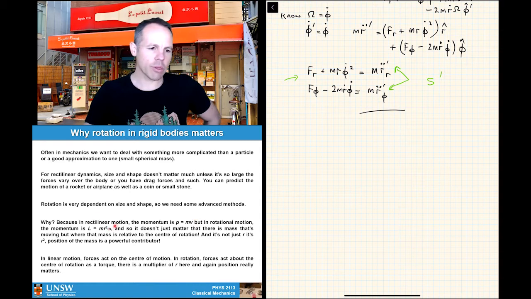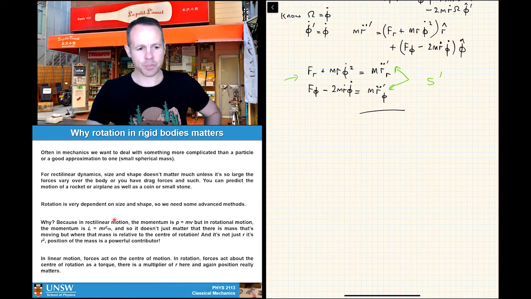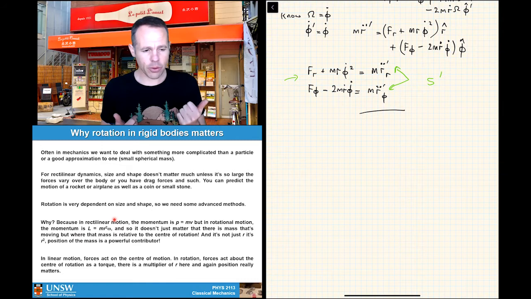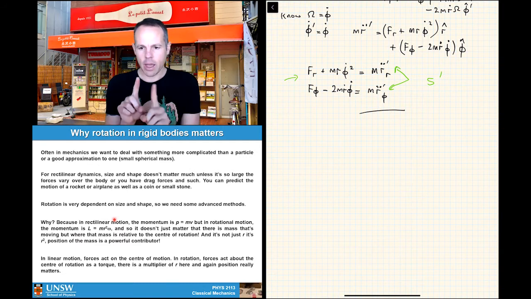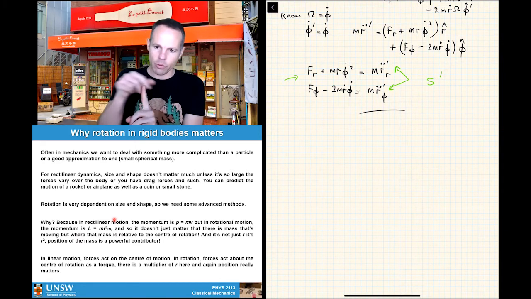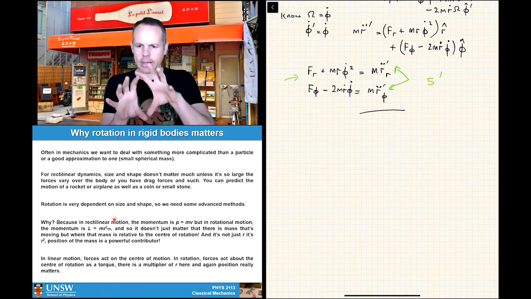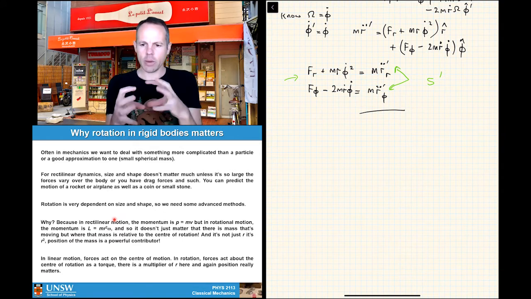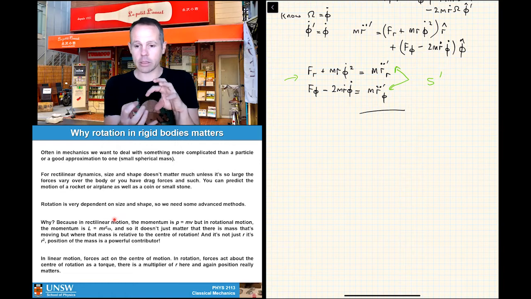When you deal with angular momentum and rotation, the momentum for a rotational problem doesn't just have the mass and a velocity in it, it also has a radius. And of course, when you have a rigid body, every single point in that rigid body has a different radius. So what you need to do is work your way around all of those radii to deal with it. And if you change the shape of the body, you change those radial components that contribute to it. And that's what makes it complicated, right?